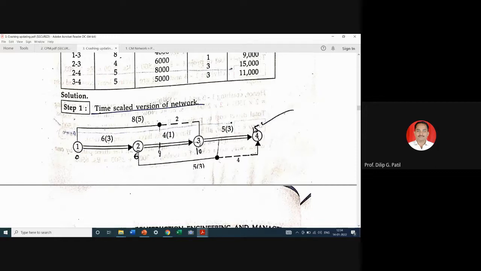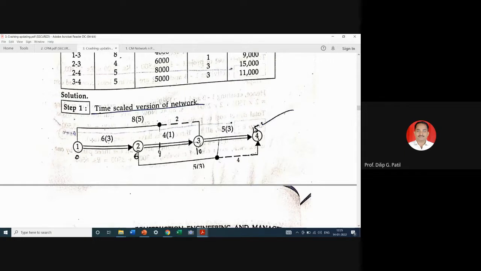म्हणून आपण काय करतोय की आता in isolation we are crashing only 2-3, so that there will be scope that we will identify whether we should go for crashing of 2-3 and 1-3 or 2-3 and, सॉरी, parallelly. ह्याच्यामध्ये परत जे ज्या गोष्टी चेंज होतील त्या गोष्टी आपल्याला बघाव्या लागतील आणि at that time we will see which is the least cost.